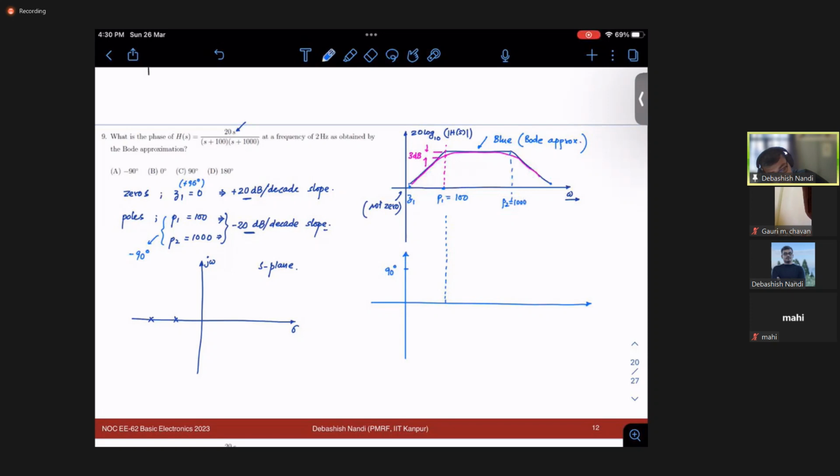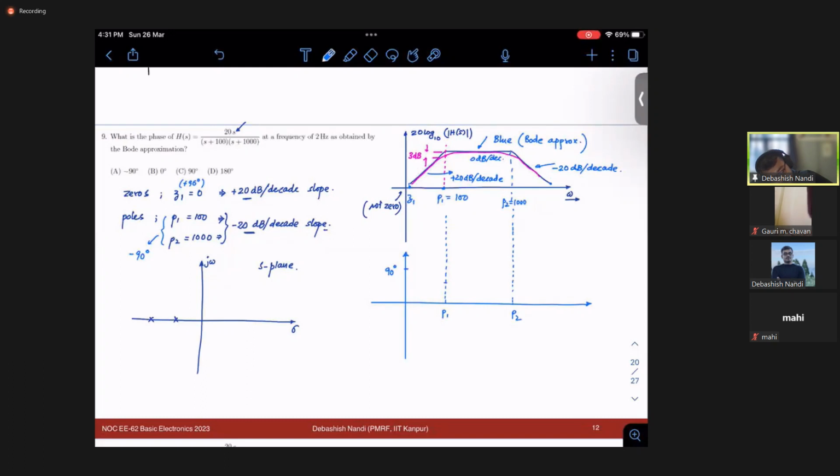This slope is plus 20 dB per decade. This slope is 0 dB per decade, and this slope is minus 20 dB per decade. So this is your P1, this is your P2.